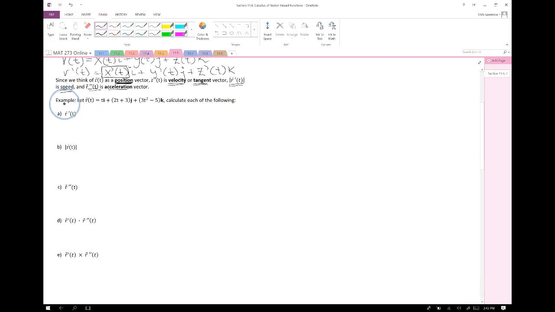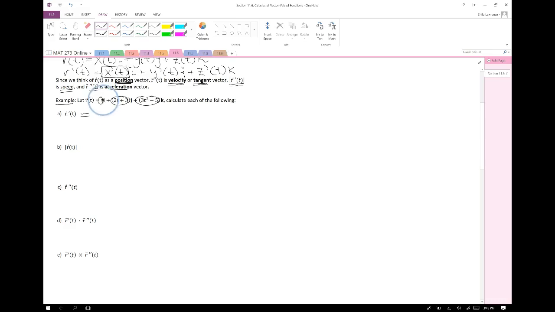So first example, let's let r of t equal t i plus (2t plus 3) j plus (3t squared minus 5) k, and we want to do some calculations with this vector-valued function. So the first one is r prime of t. So all we have to do is create a new vector-valued function whose components contain the derivatives of the original vector-valued function.